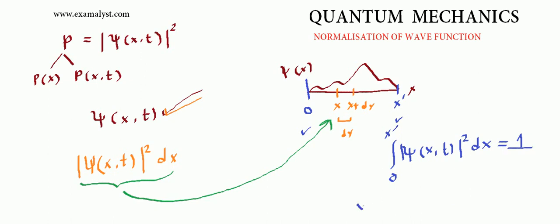Or I can write more generally, if the region of space is not confined, and extends from minus infinity to plus infinity, then the condition is that in the entire space the particle has to be somewhere.